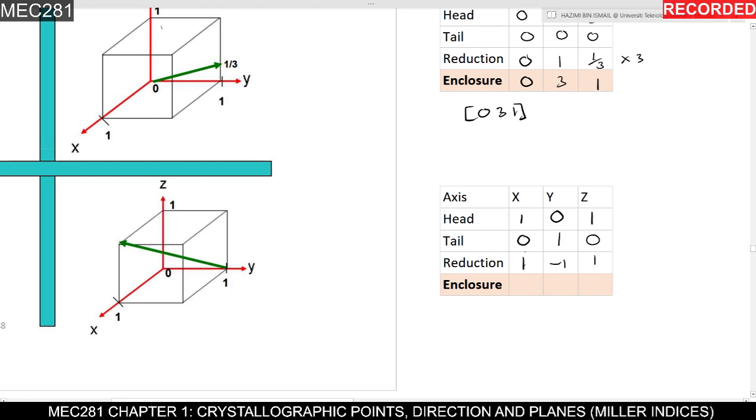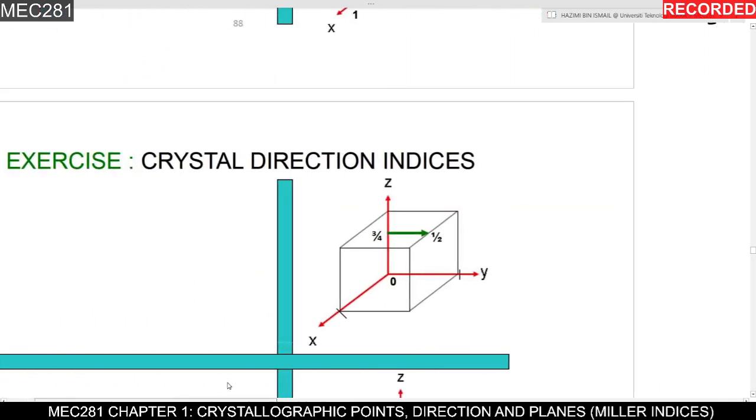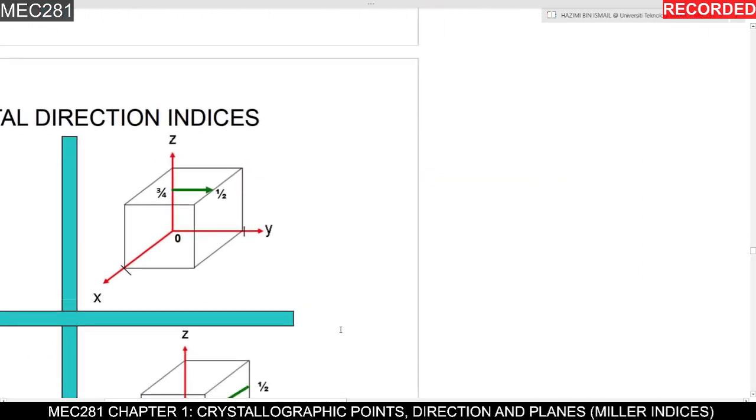So it is all in integer numbers, so you do not have to multiply with any number to get the smallest integer, because it is already in the smallest integers. Okay, so the enclosure is 1, then 1 crossbar, and then 1. So the final one is 1, 1 crossbar, and 1. Okay, let's try another one.